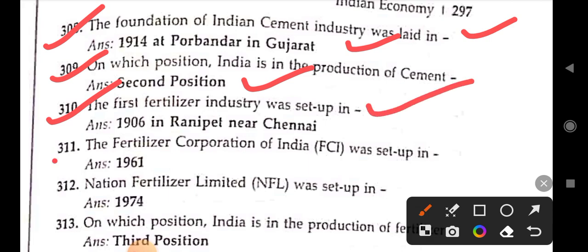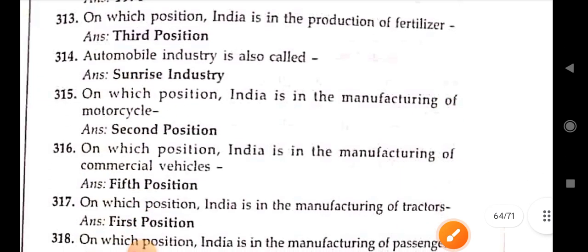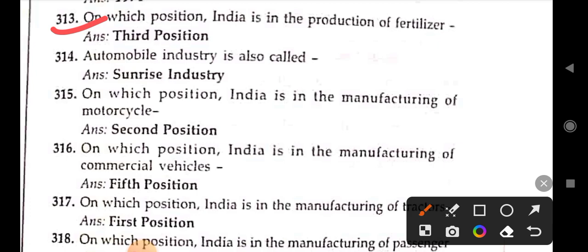The Fertilizer Corporation of India FCI was set up in 1961. National Fertilizer Limited NFL was set up in 1974.